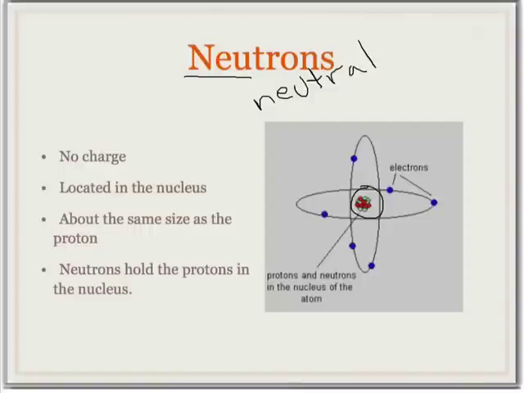They're also located in the nucleus, about the same size as a proton. And neutrons hold the protons in the nucleus. Again, if you had two positive charges together, what would they want to do? They would want to repel. So those neutrons hold them together in the nucleus to prevent the protons from flying off and splitting apart.